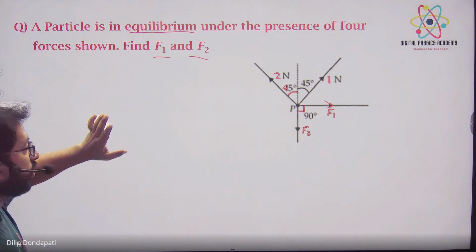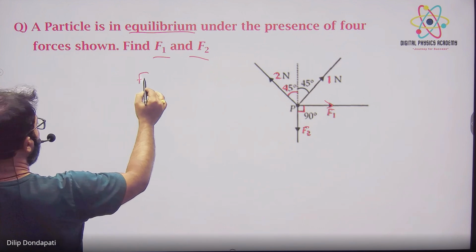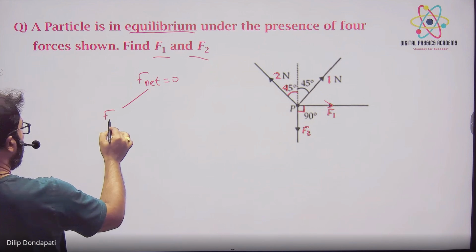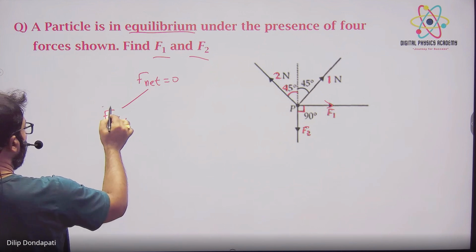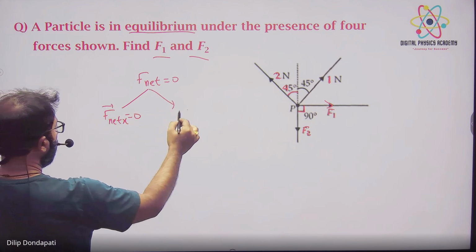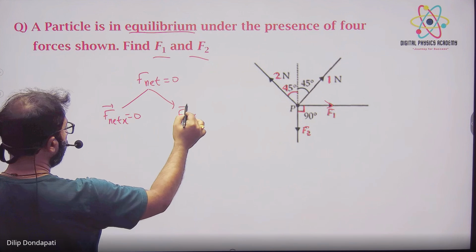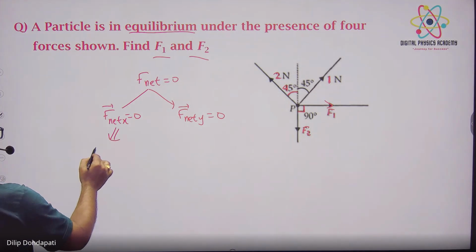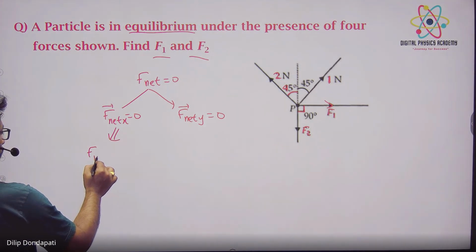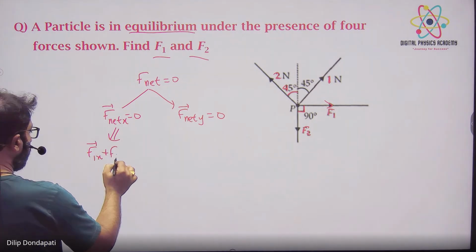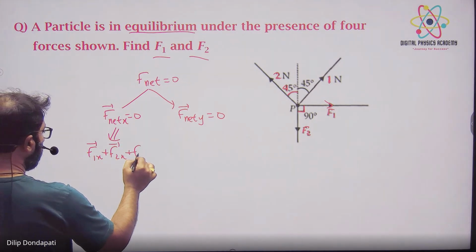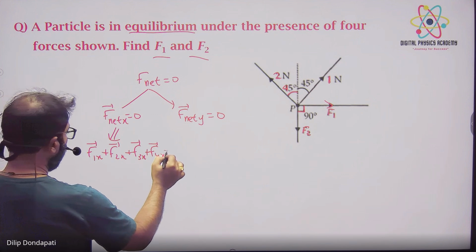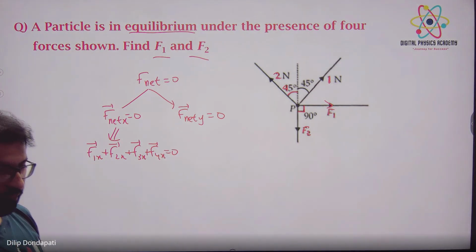Equilibrium means net force is 0, so indirectly net force in the x direction is 0 and net force in the y direction is 0. So for all forces, the x direction: F1x, F2x, F3x, F4x equal to 0. Solve and find F1.